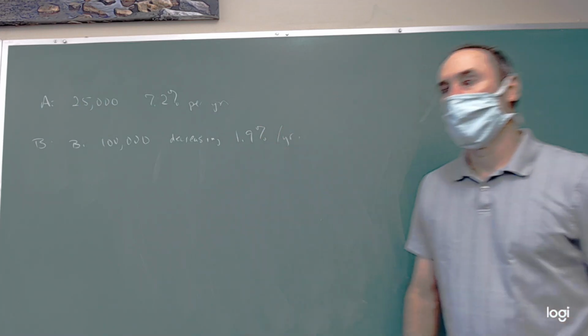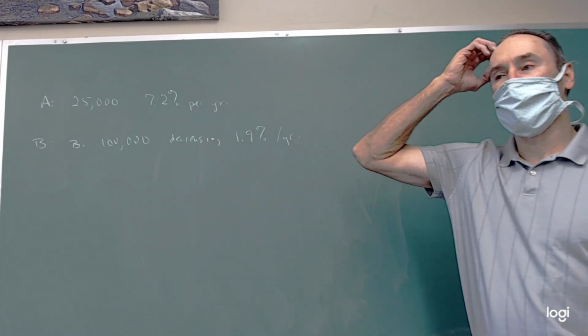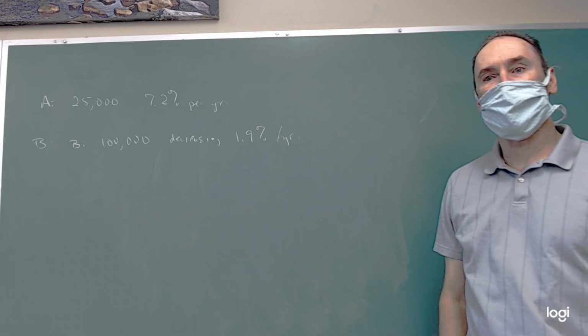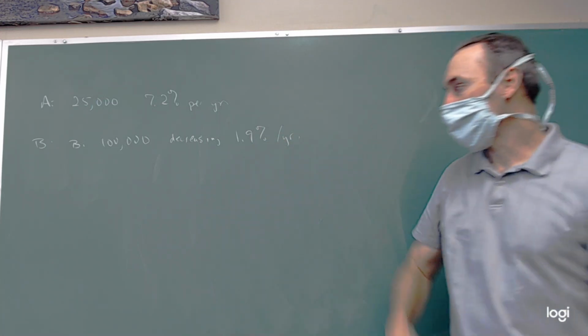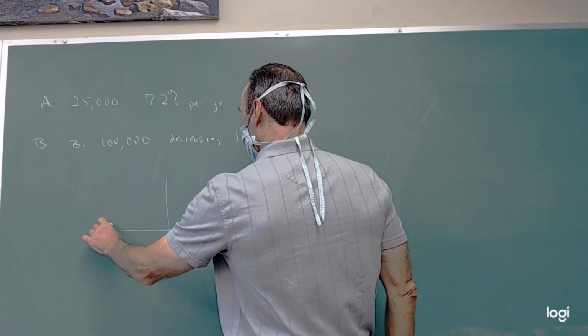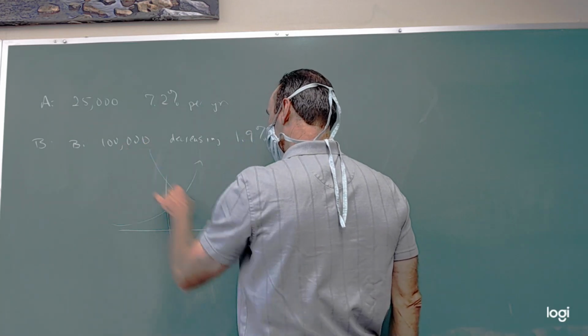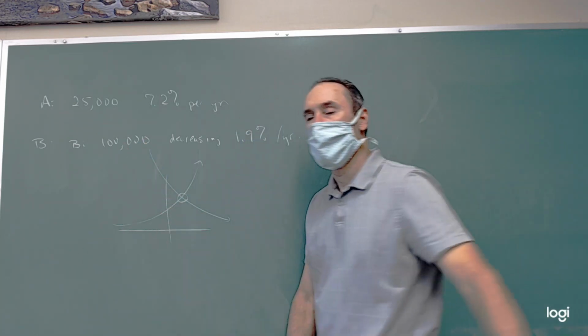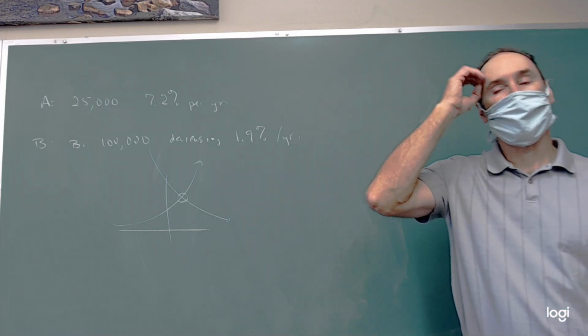So the smaller population is increasing, the bigger population is decreasing. One's going to be exponential growth, the other is going to be decreasing, and we want to find out when they have the same population.